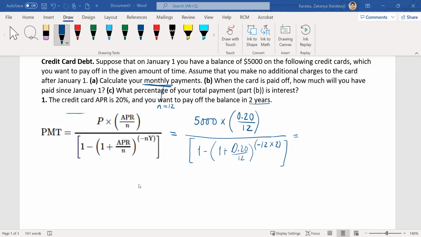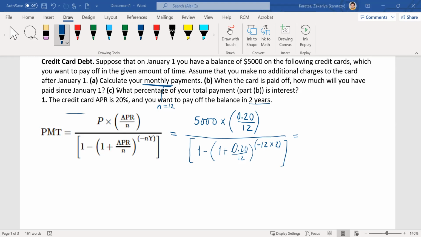I have 1 minus parentheses again, 1 plus 0.20 divided by 12, and then close parentheses. Now for exponentiation, I use the caret and then open parentheses, the negative sign, negative 12 times 2. I close the parentheses of the exponent, and then I close the parentheses for the bracket.